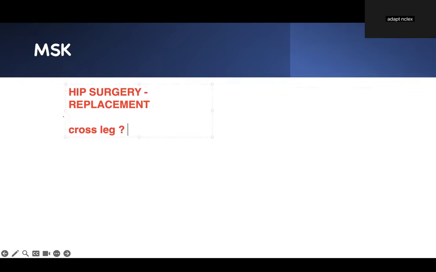This is an NCLEX trap and a red flag. We should not have it. You should intervene as much as possible, because it's going to lead to dislocation. This leads us to what you do when the patient has a hip replacement or knee replacement. What are your traction and care for this patient?